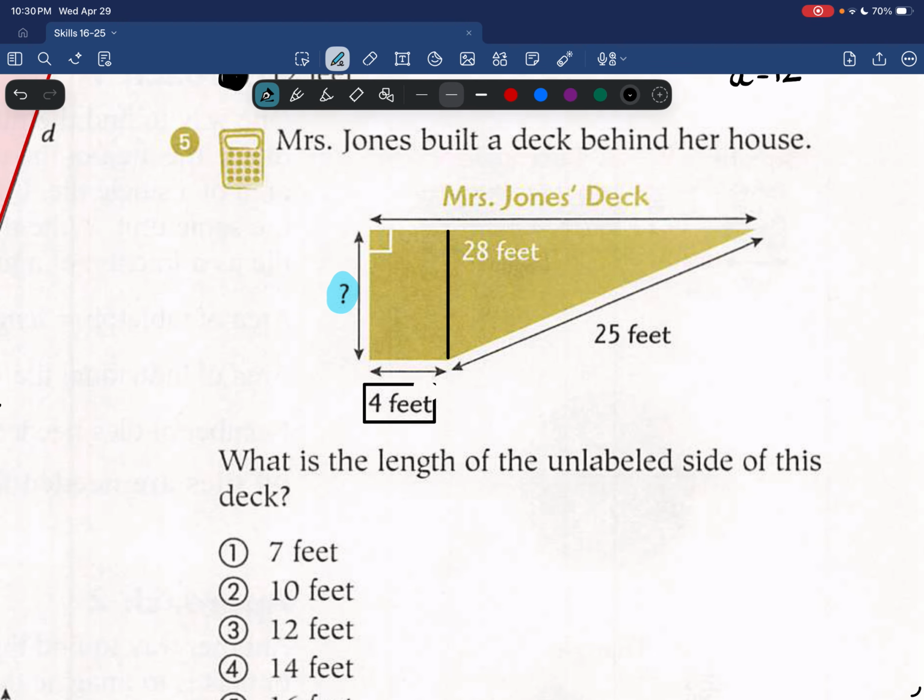If I drew a straight line right there, I still have a right angle. And now I have a true right triangle. I have this side, which matches the question mark. I have this hypotenuse, which fortunately they told me is 25 feet. And I can figure this out in just a second.